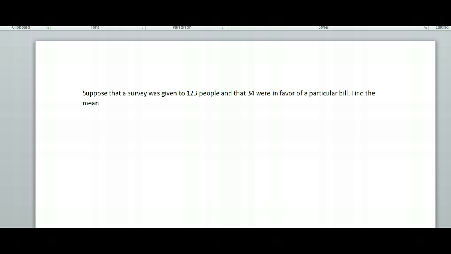Find the mean and the standard deviation for the sampling distribution of the sample proportion.